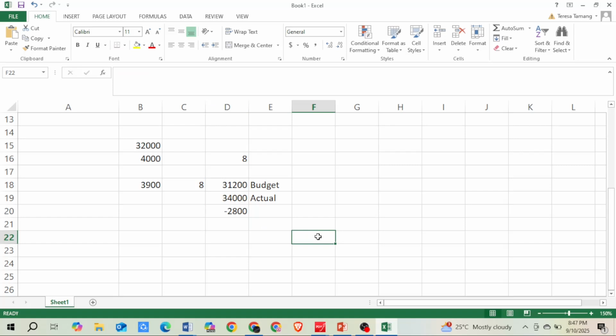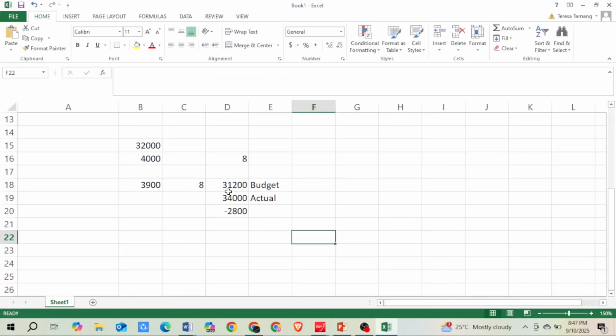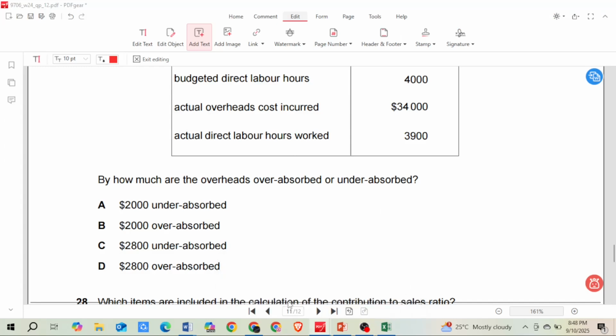So this is 2,800, we have overpaid. Your budget is 31,200 and your actual expense is 34,000. So this is called under absorption.